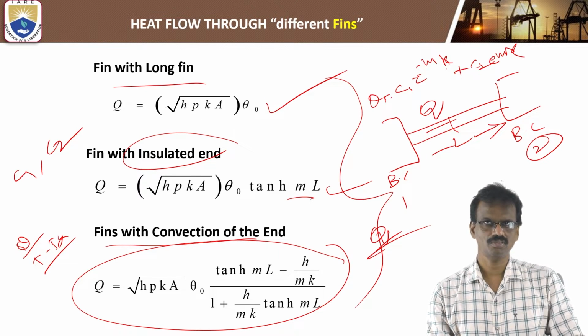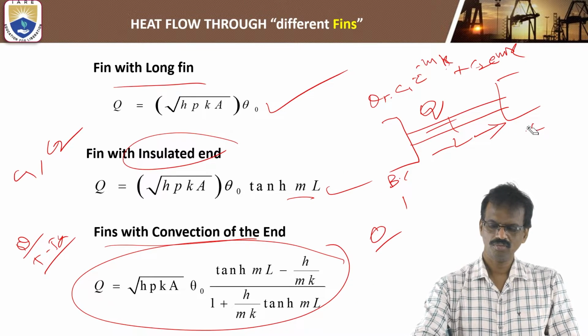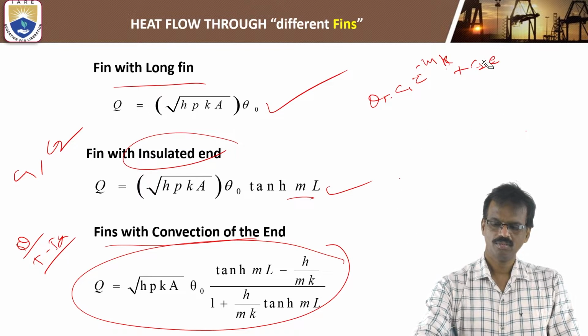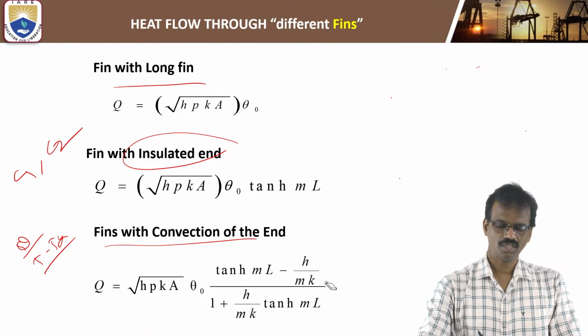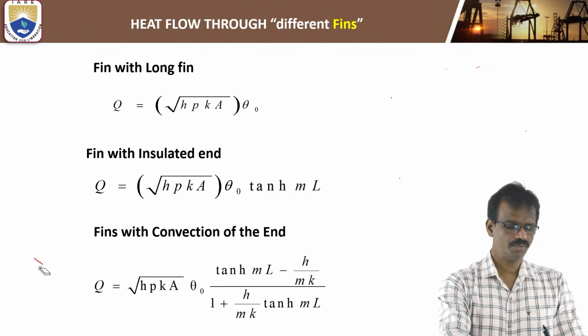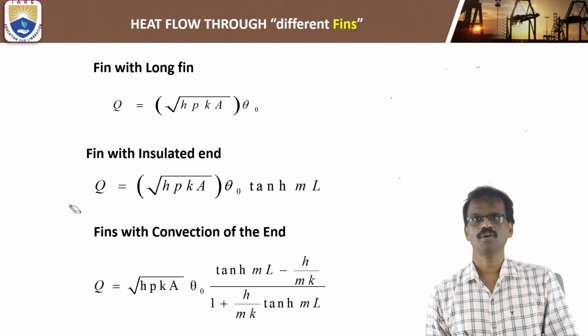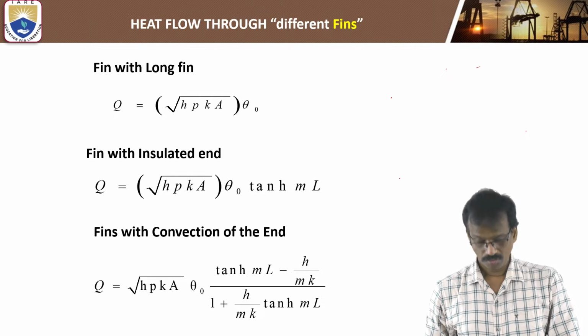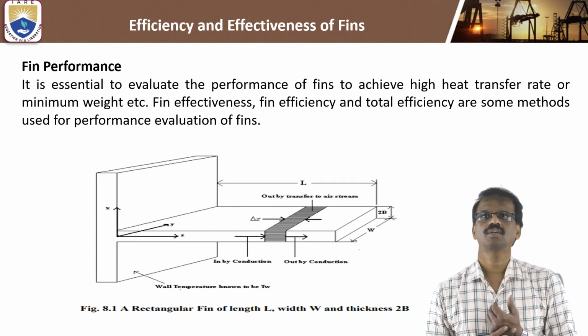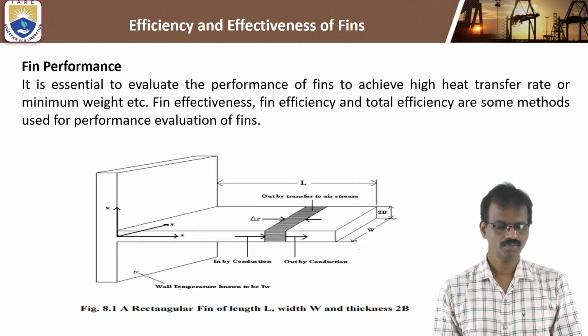So we can derive the rate of heat transfer for fins at different boundary conditions. These formulas and derivations are very important, so practice them. Now we'll see the performance of the fin.